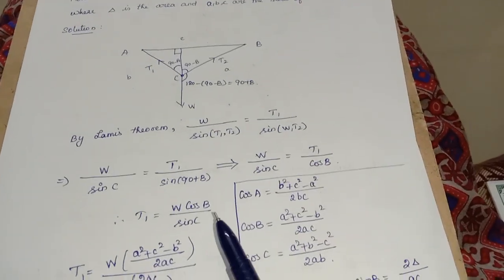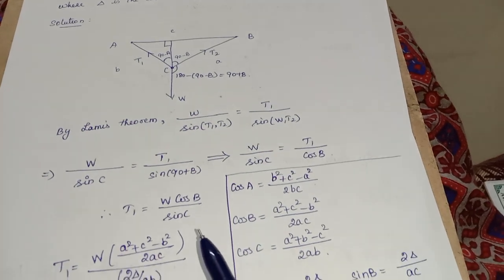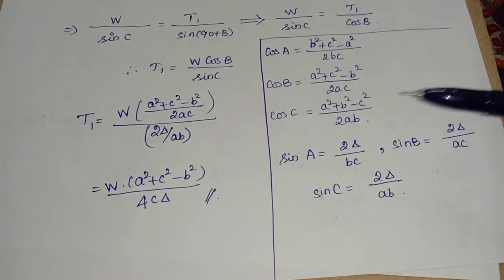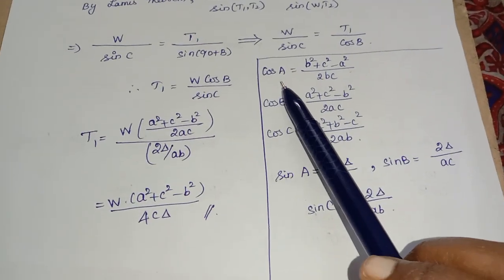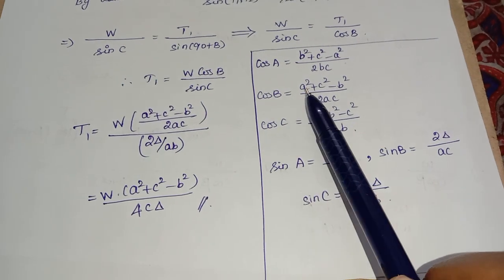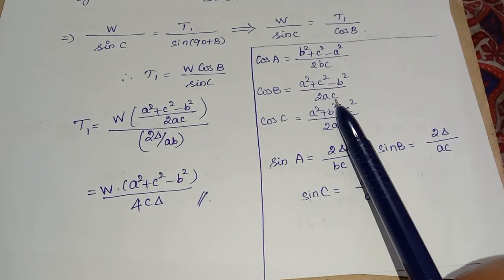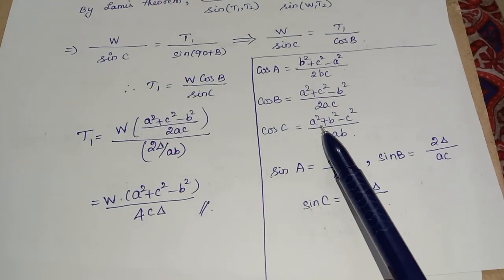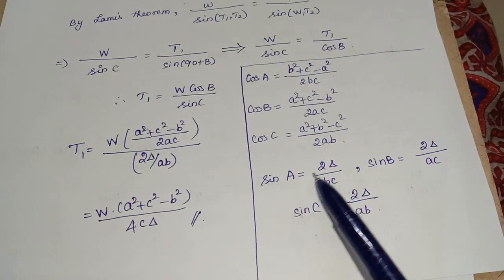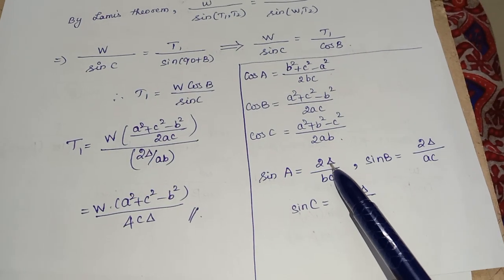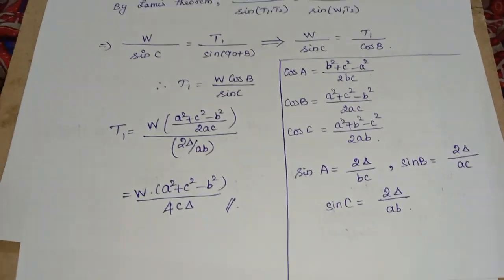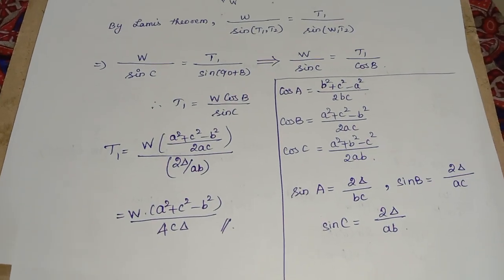But the answer they have given is everything in terms of A, B, C. So for that I am going to make use of some results from trigonometry. For any triangle, cos A equal to B square plus C square minus A square by 2BC, and similarly cos B equal to A square plus C square minus B square by 2AC, and cos C equal to A square plus B square minus C square by 2AB, and sin A equal to 2 delta by BC, where delta is the area of the triangle, and sin B equal to 2 delta by AC, and sin C equal to 2 delta by AB.